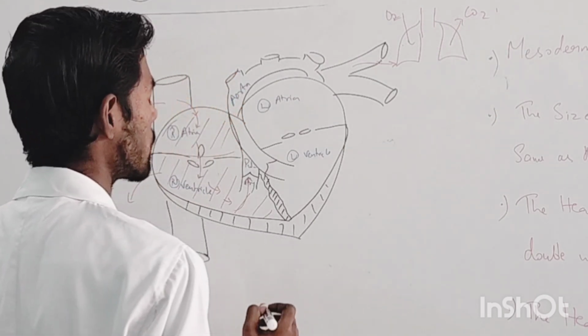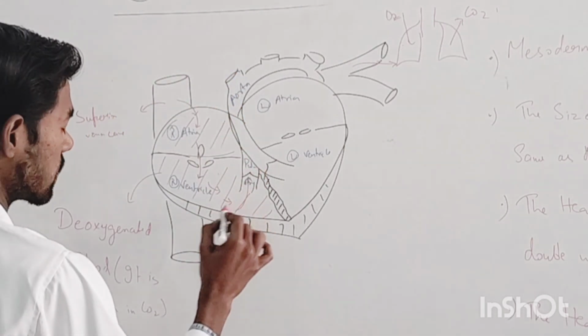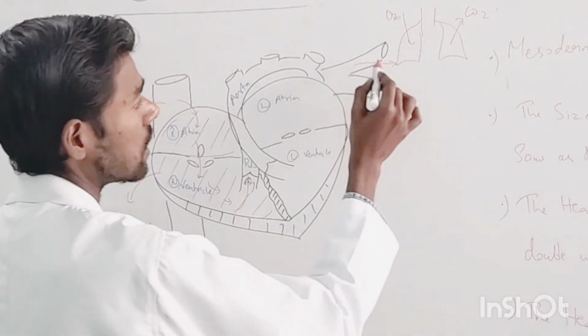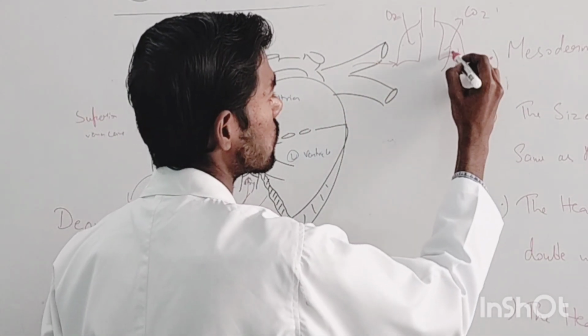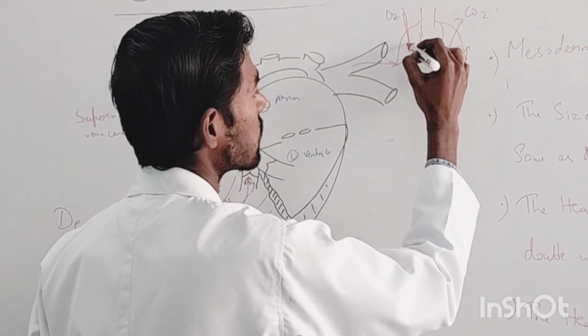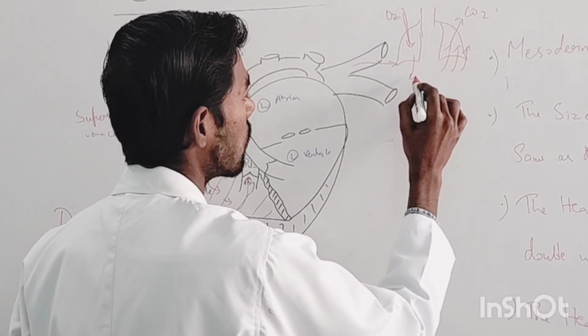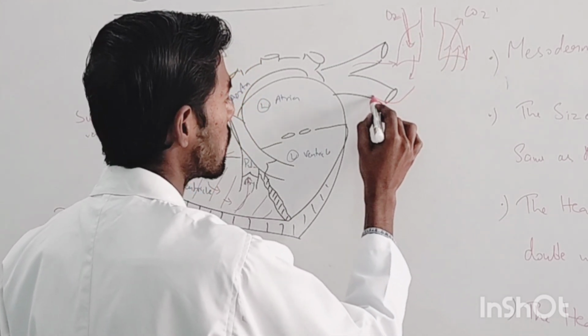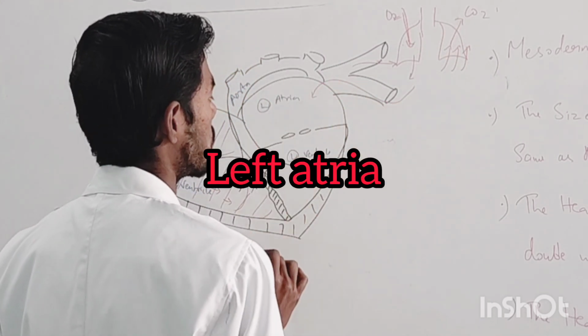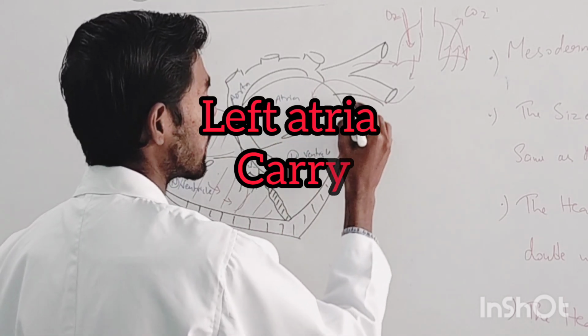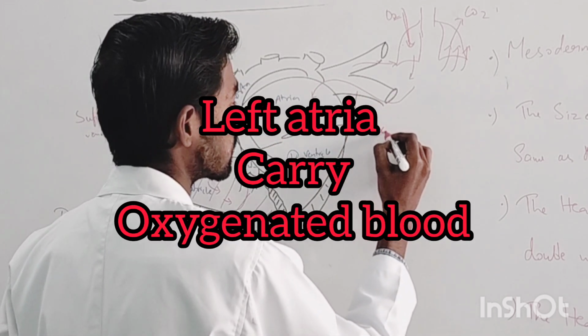The blood which is carrying CO2 goes into the lungs and releases all the CO2 in the lungs, and it takes the O2 which we are inhaling and becomes oxygenated blood, and comes into the left atria. So the left atria is carrying which type of blood? It is oxygenated blood.